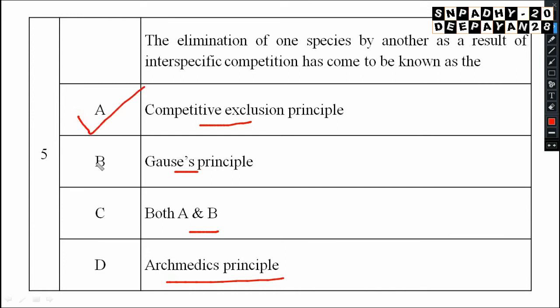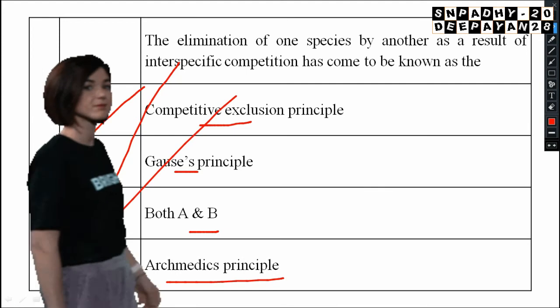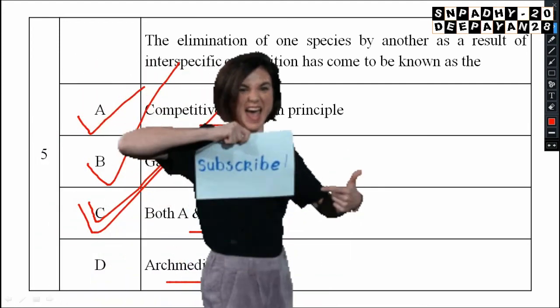Not only this one, the other is also your answer. That is known as your competitive exclusion principle. Yes or no? One species will be excluded due to interspecific competition, given by Gause. That's why it is also known as Gause's principle. So your answer will be C, both A and B.